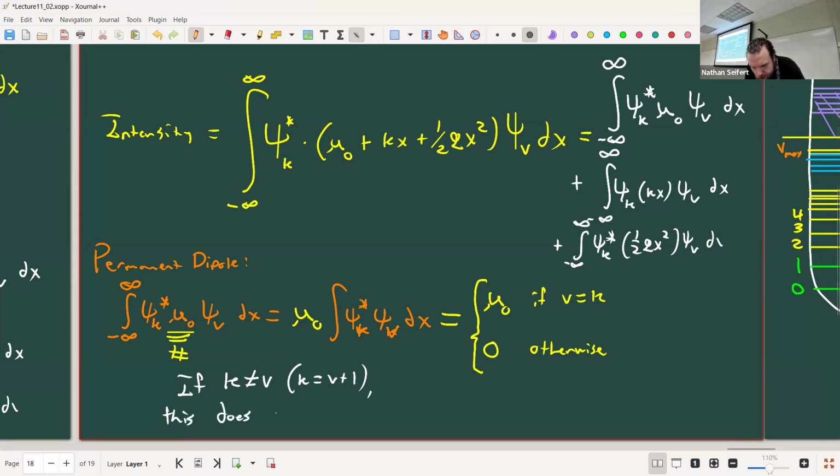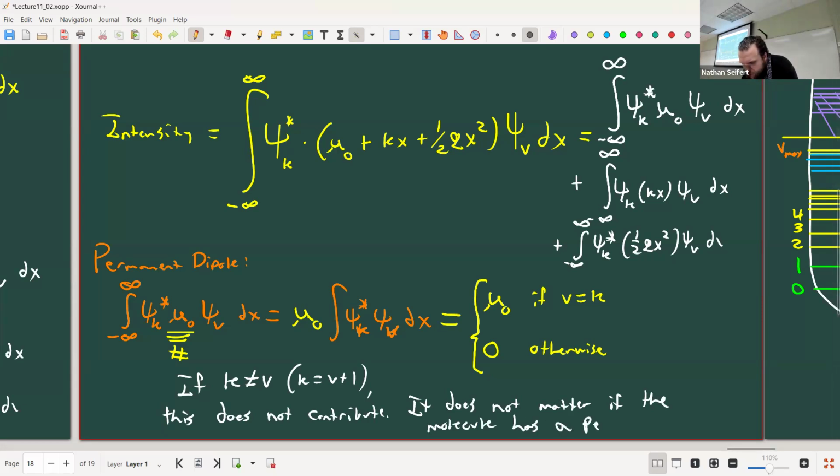This does not contribute. The take-home point is that it does not matter if the molecule has a permanent dipole.